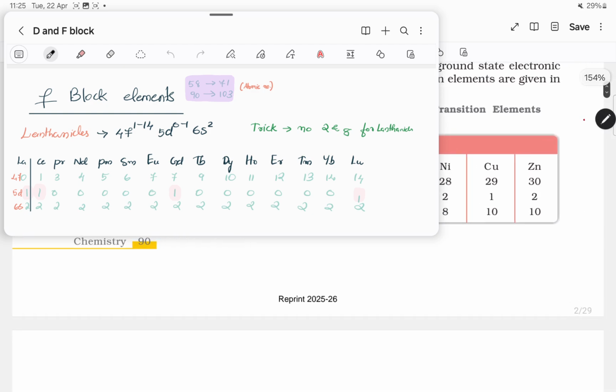C, lanthanum. C is cerium, starting from cerium. So how am I studying this one?